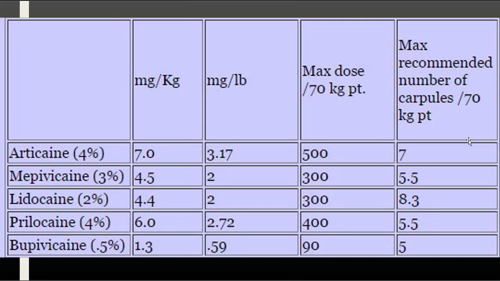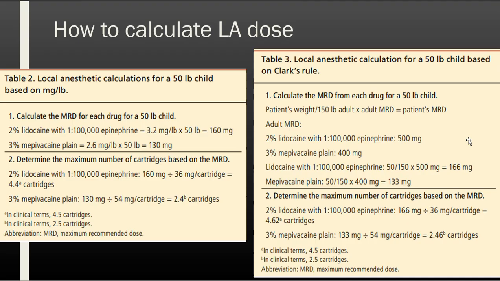Okay. Now, here we have another way of calculating it. Now, how much solution can I give? So first, we calculate the maximum recommended dose. Now, 2% of lidocaine means every 1% has 10 milligrams.